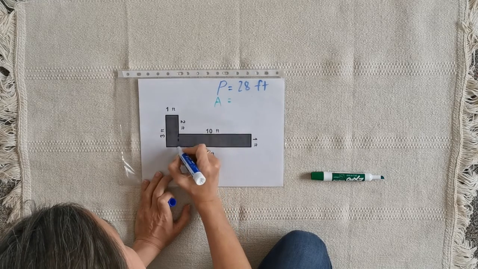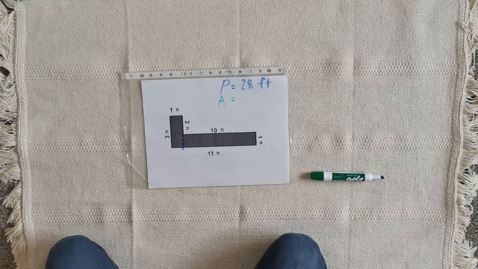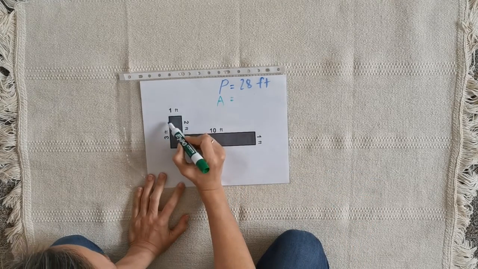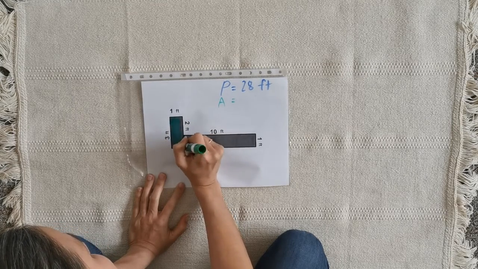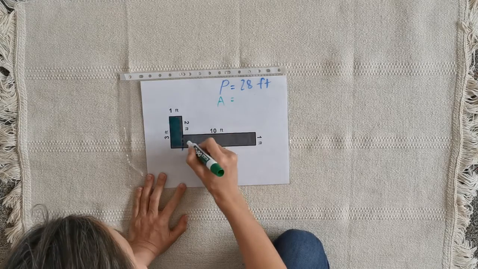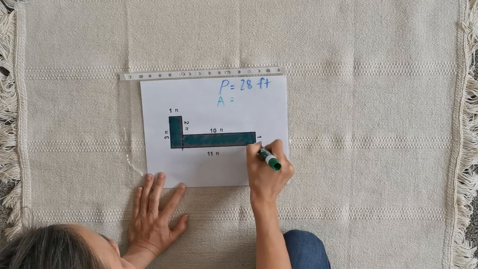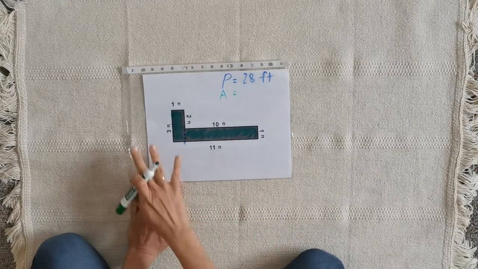I'm going to divide these shapes into 2 shapes. This is one rectangle, so I'm gonna calculate the area of this rectangle, and then I'm gonna calculate the area of this long rectangle. And when I know both, I just need to add them together to know the total area.